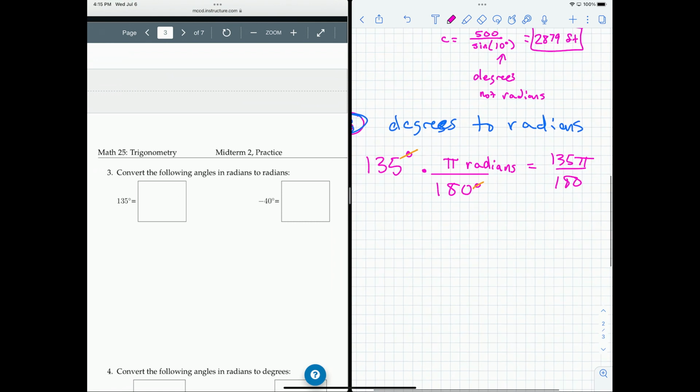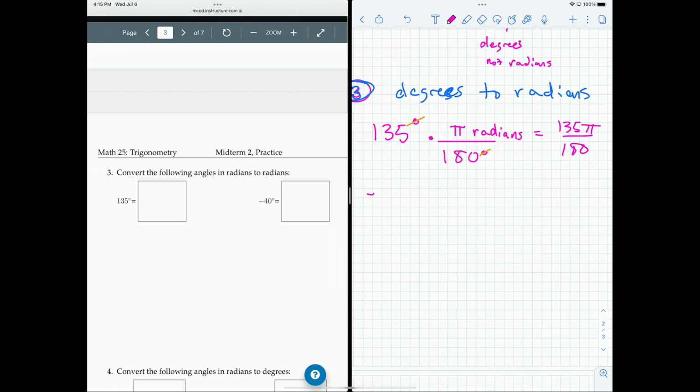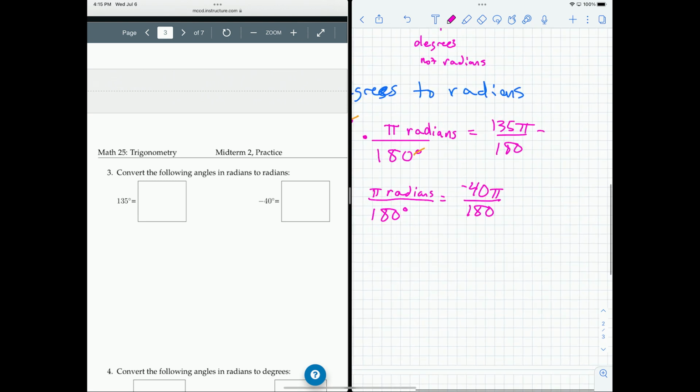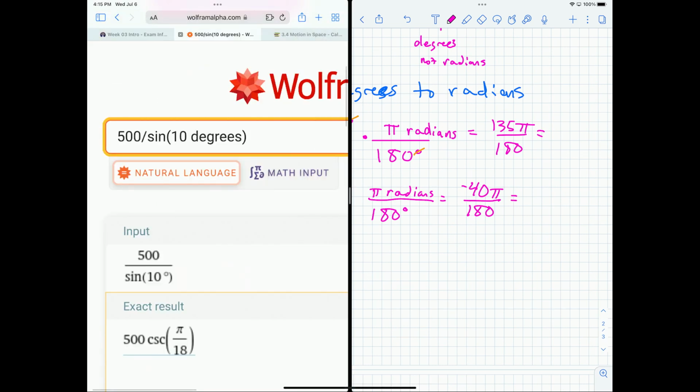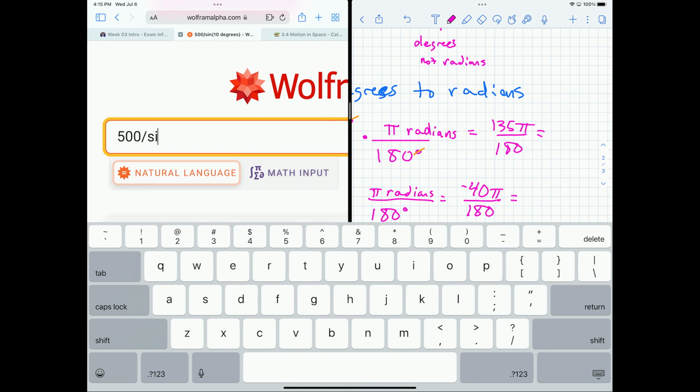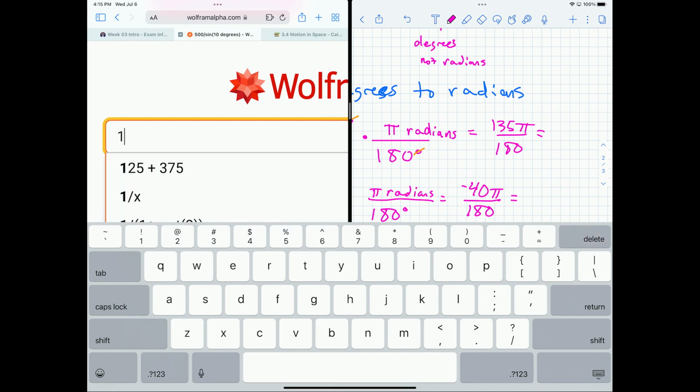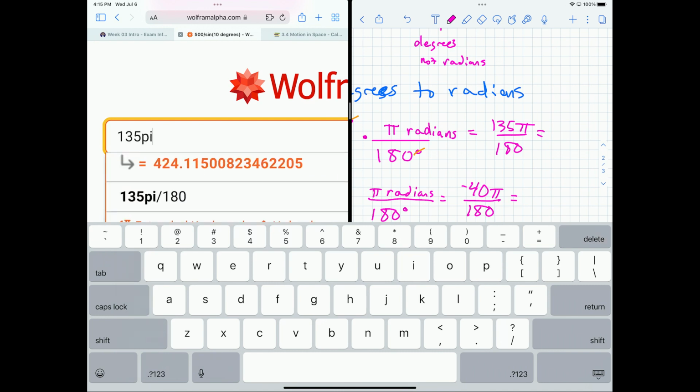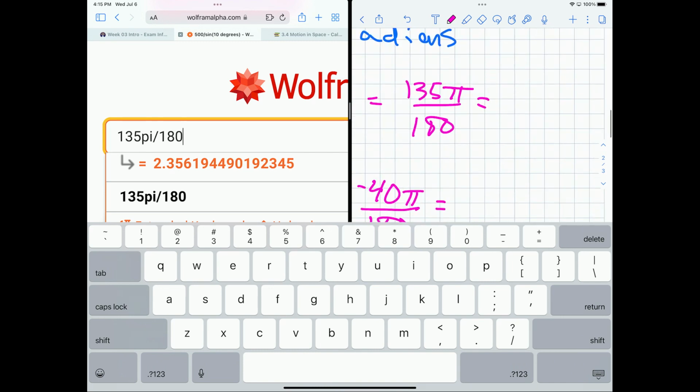I'm also going to do the other one while I'm at it, and then I can just go to the calculator one time. So negative 40 degrees times pi radians over 180 degrees, and I'm going to get negative 40 times pi over 180, and this will be in radians, and let's go to a calculator, see what we get. 135 pi over 180, and there we go, 2.3.